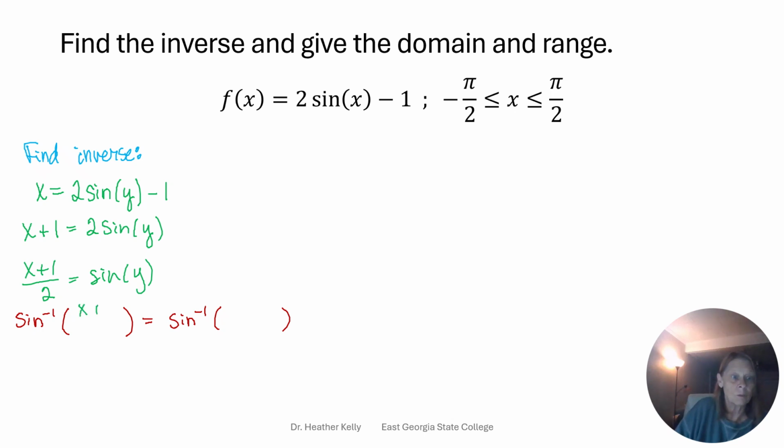This is (x plus 1) over 2, and this is the sine of y. Now we have that lovely thing that happens with inverses where they cancel each other out, and we're left with f inverse of x is equal to the arc sine of (x plus 1) over 2. So here's our inverse.